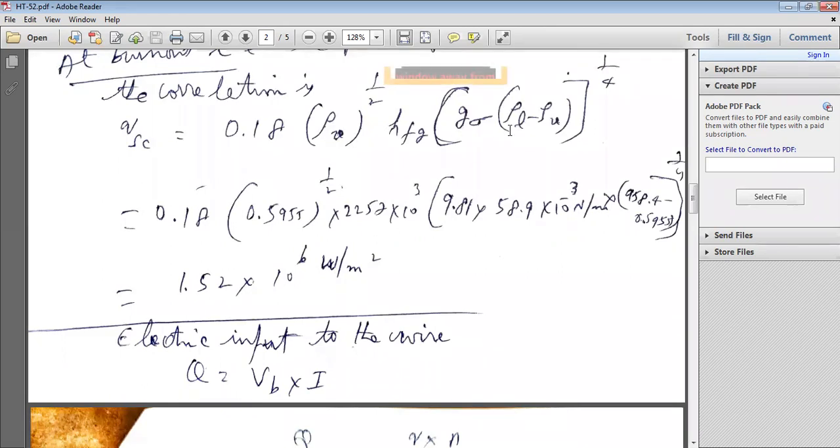From this formula, already given in the last class, you can calculate the critical heat flux: 1.5 times 10 power 6 watt per meter square. At this heat flux, if we heat that wire, your material may burn out.